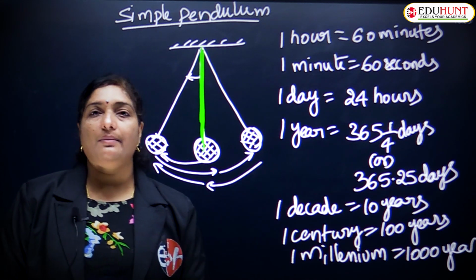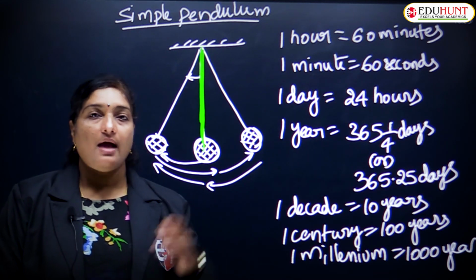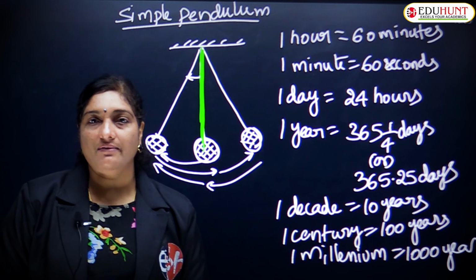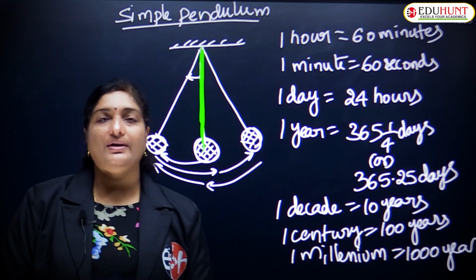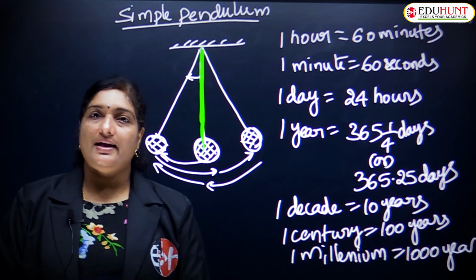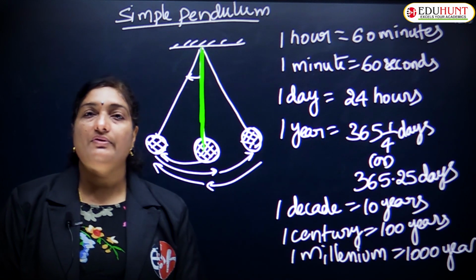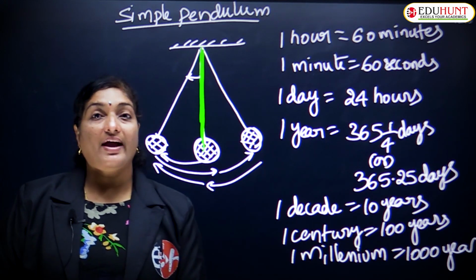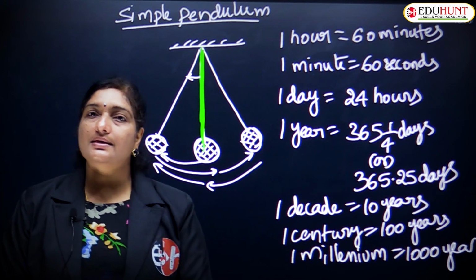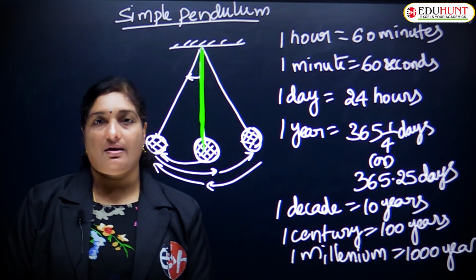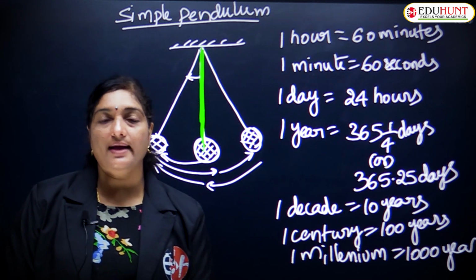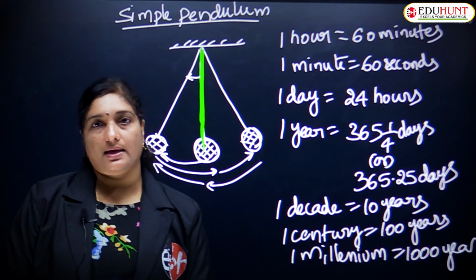But the railway timetable is different. 1 o'clock is referred to as 13 hours, 2 o'clock as 14 hours, 3 o'clock as 15 hours and so on. And finally, midnight 12 o'clock is referred to as 24 hours. Based on that, we will be having some numericals.